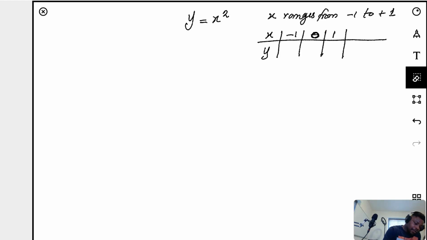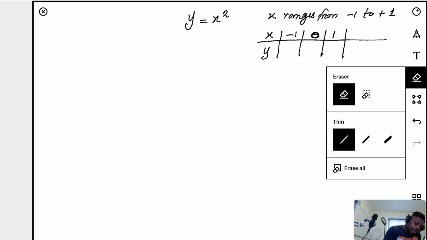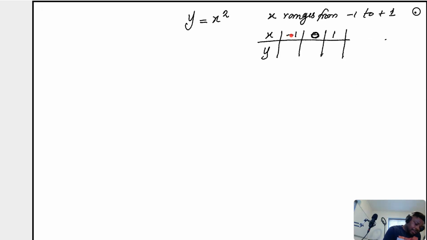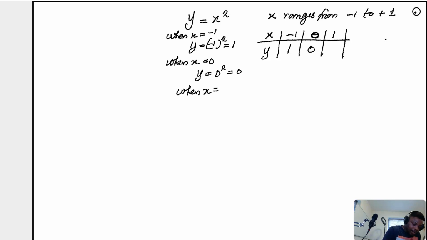So we can find the value of y when x is -1, 0, and 1. So when x is equal to -1, y is equal to (-1) squared, which is 1. So this is 1. When x is equal to 0, y is equal to 0 squared. So this is 0. When x is equal to 1, y is equal to 1 squared, and this is 1.